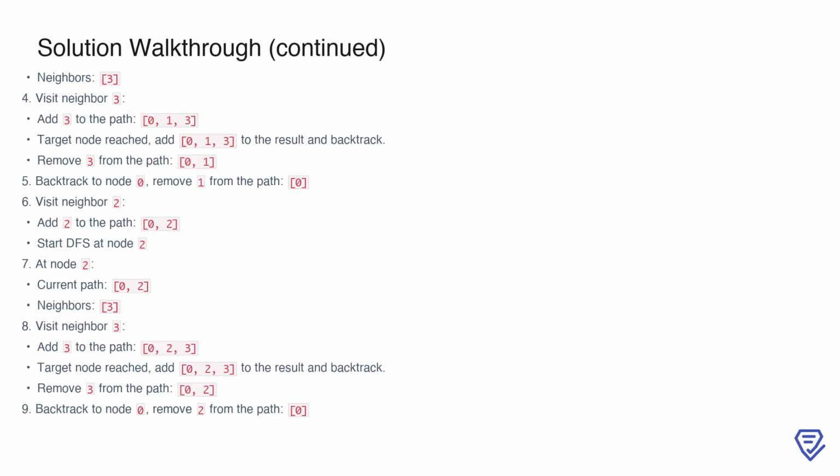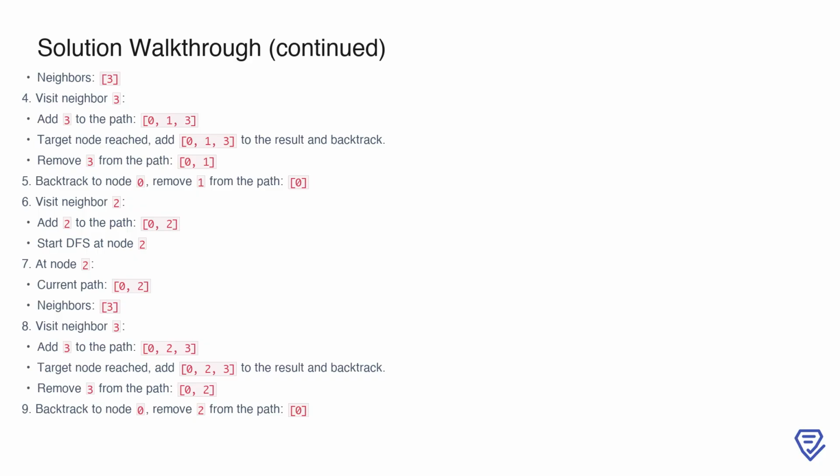From here, we explore the remaining neighbor of node 0, which is node 2. We add 2 to our path, making it [0, 2], and initiate DFS from node 2. At node 2, we find that its only neighbor is node 3. We then visit node 3, adding it to the path to form [0, 2, 3]. Since we have reached the target node again, we add this path to our results.